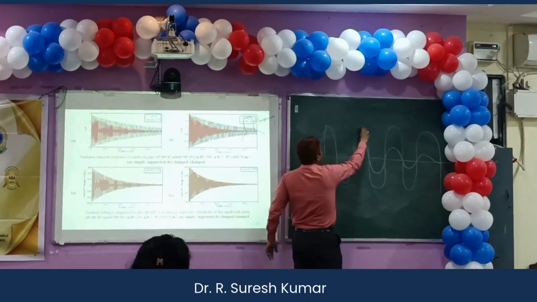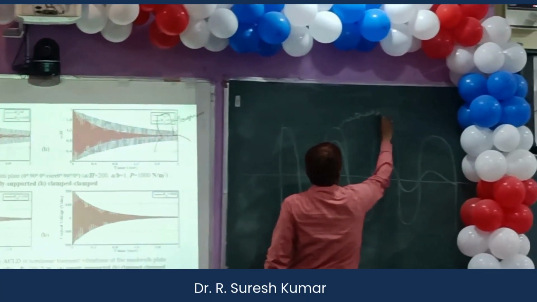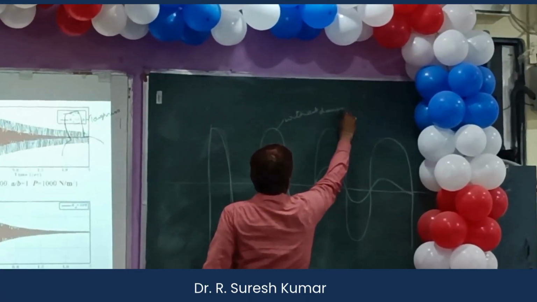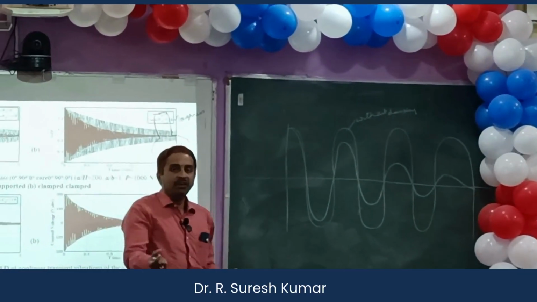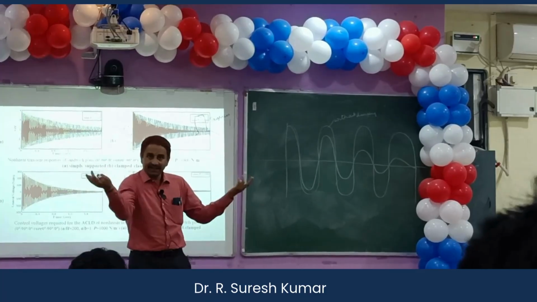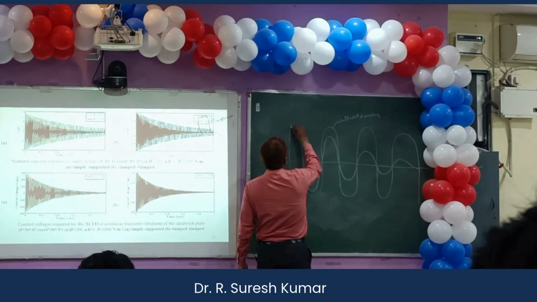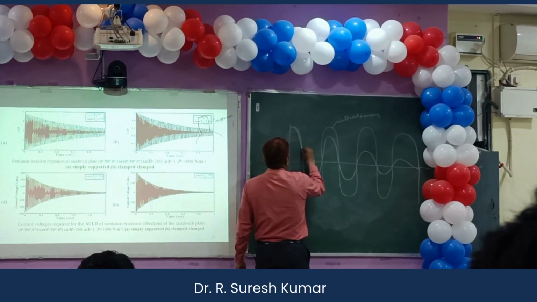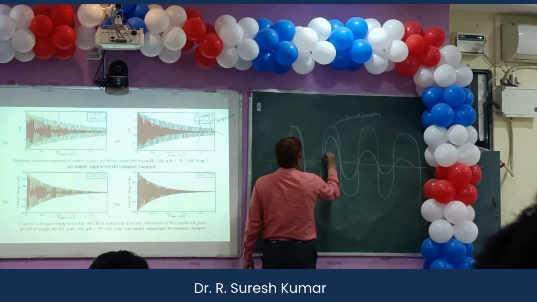So this is without damping. Without damping. This is with damping, right? But every material has got internal damping, that is due to friction or any other factors. So without damping, it will be slightly more than this.